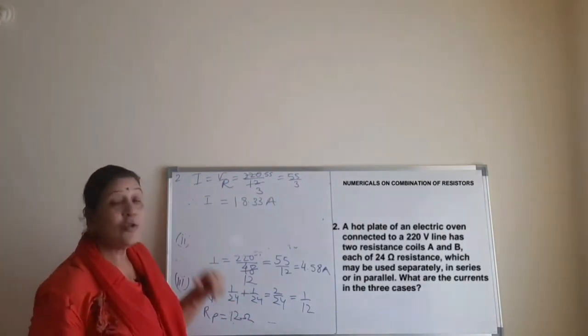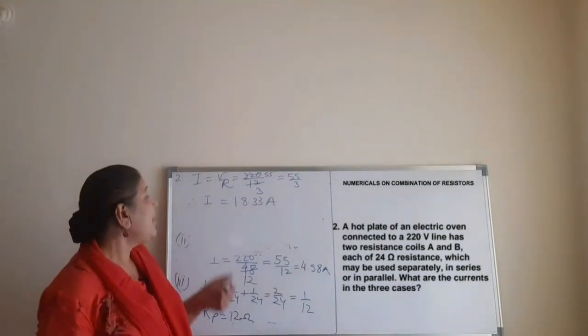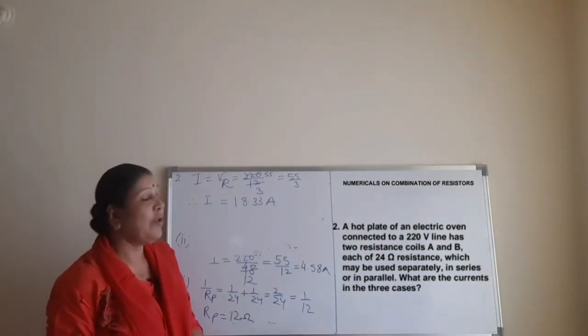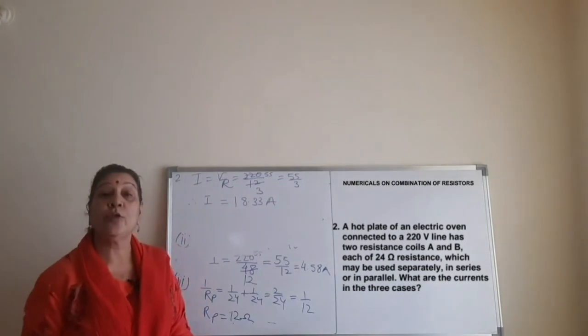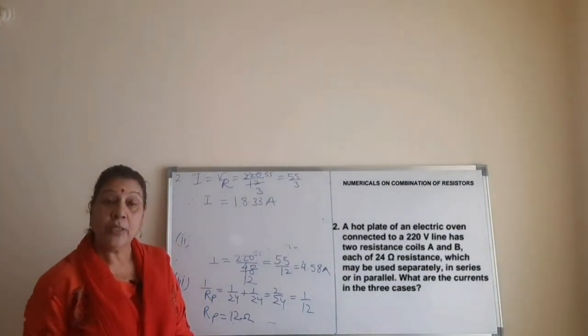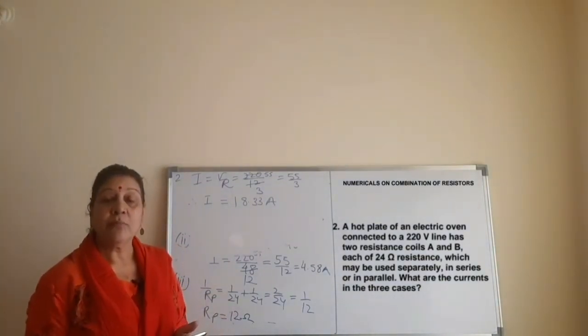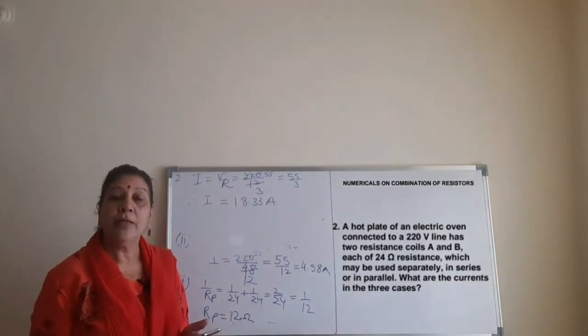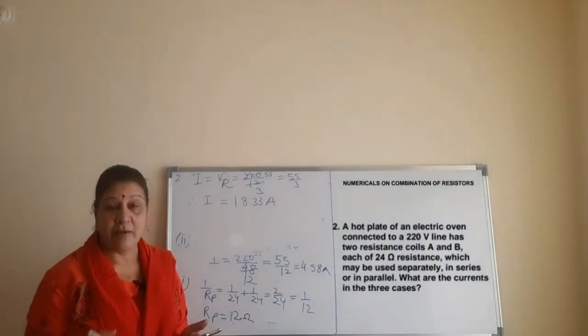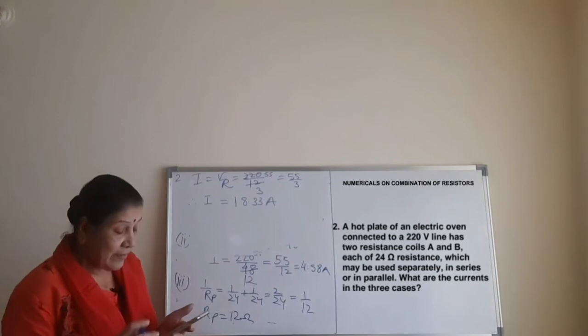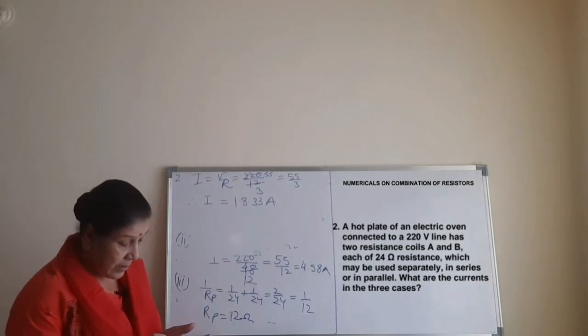You put it in the formula I is equal to V by R, and you'll get I is equal to 18.33 amperes. That is the solution for the second question. It's not a combination, but you have to find all three currents in three different cases. So that was the second question.